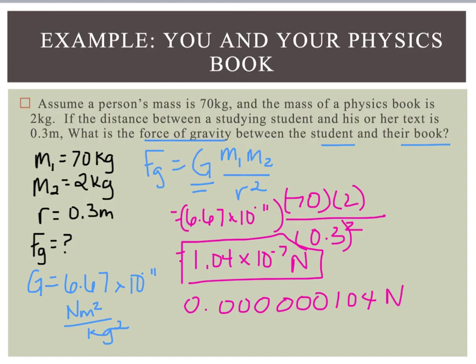So it's a very, very small value. We definitely need big masses in order for there to be a lot of attraction. But if you were way out in space, you and your book would actually get closer to each other because of this force. Let me know if you have any questions in class, and I will see you there.